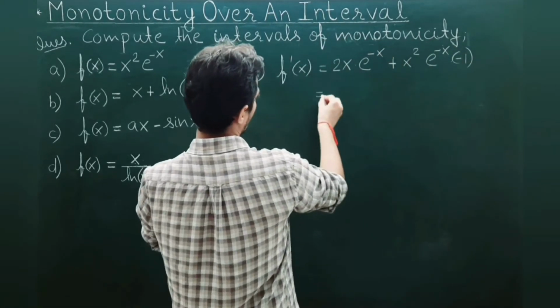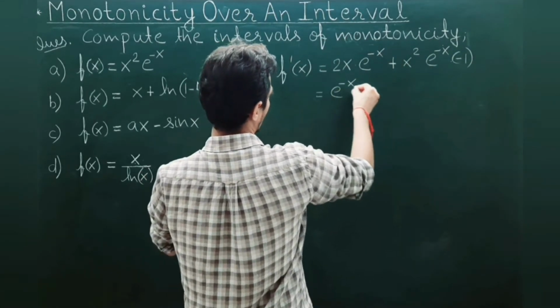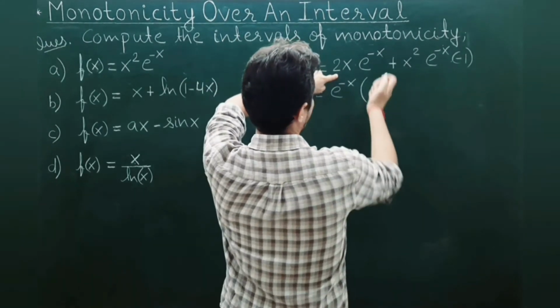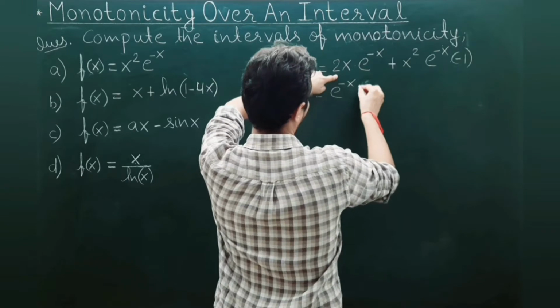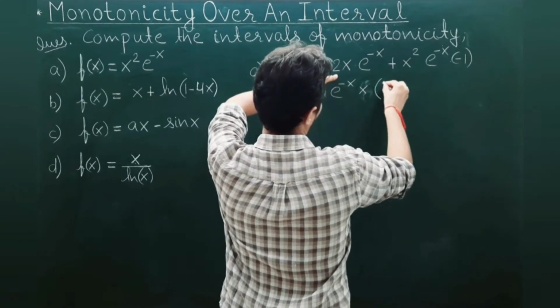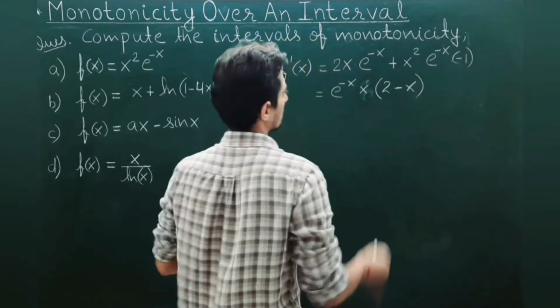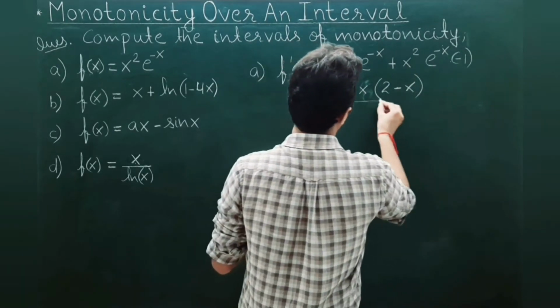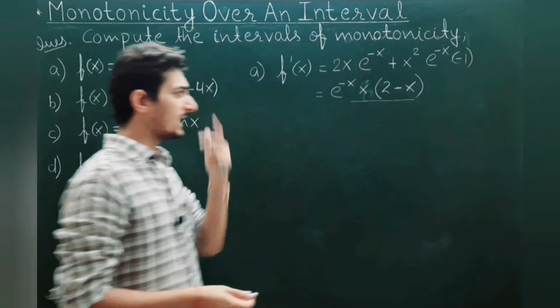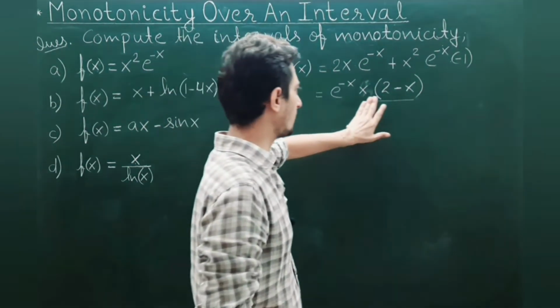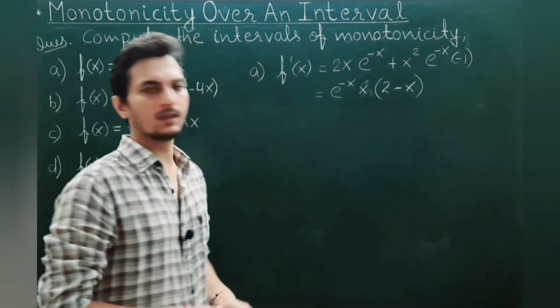And you can clearly see that e to the power minus x is common, and here what is left is x is also common, and we are left with 2 and minus x. So it is the derivative. We just need to check the sign. The sign will tell you increasing or decreasing. Positive sign means increasing, negative sign means decreasing.